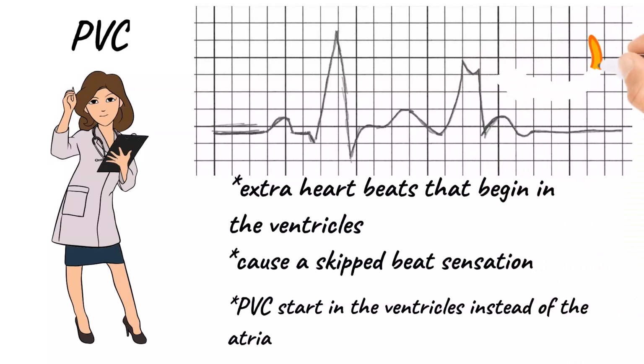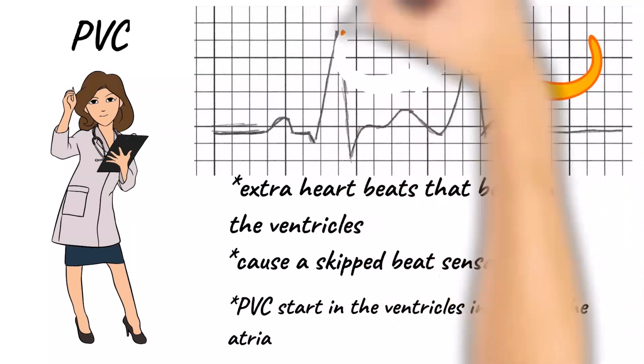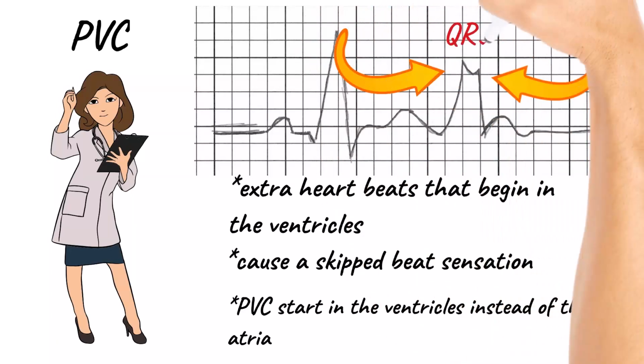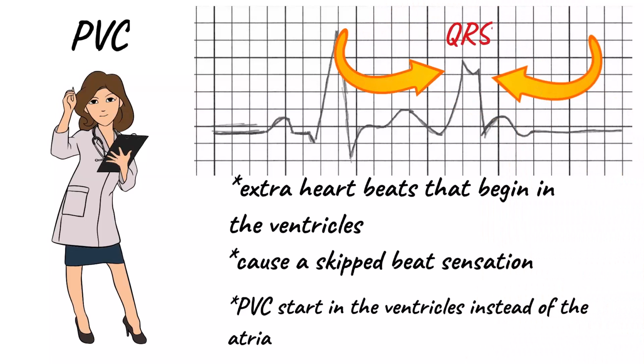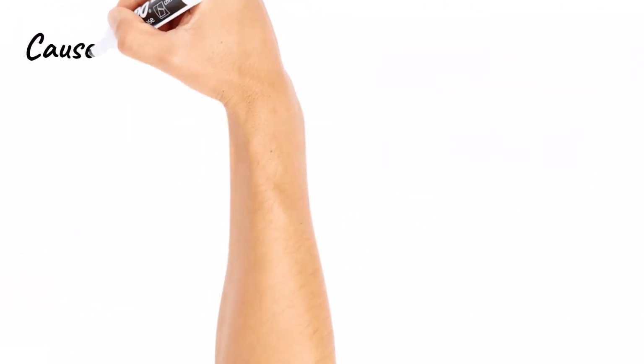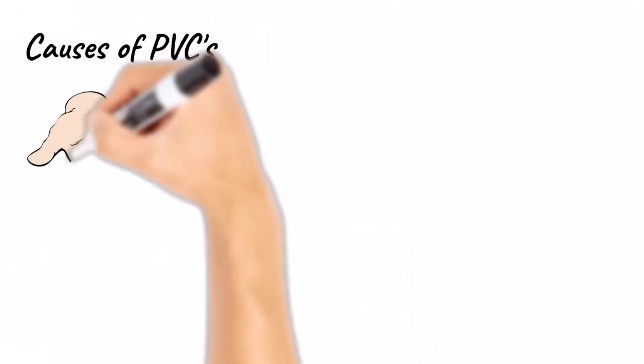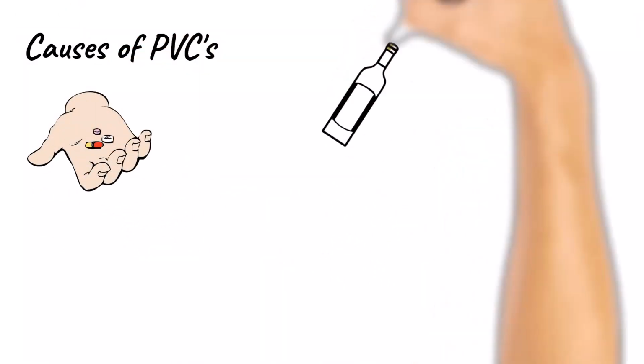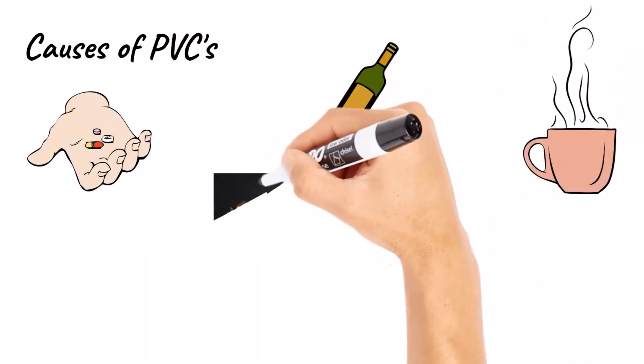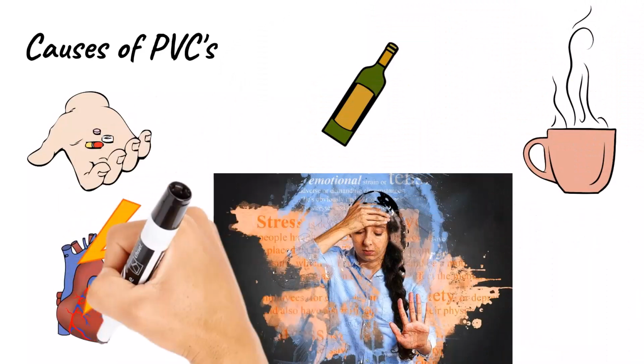On the EKG, PVCs appear as premature and strangely shaped QRS complexes that appear wider than normal. Some of the causes may be medications, alcohol, caffeine, anxiety, or injury to the heart muscles.